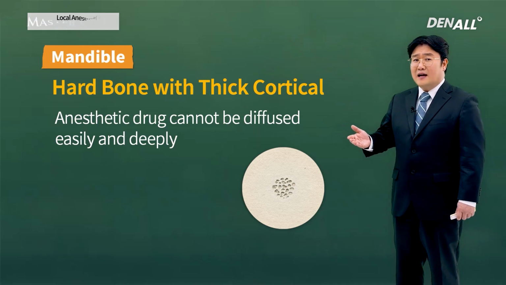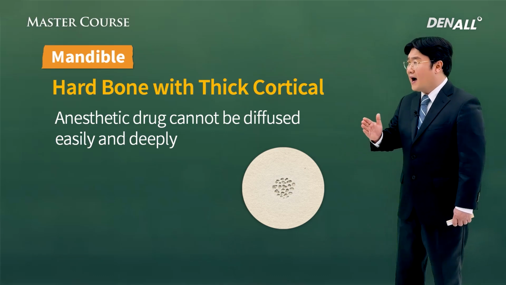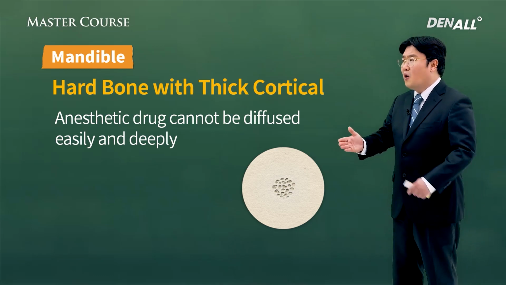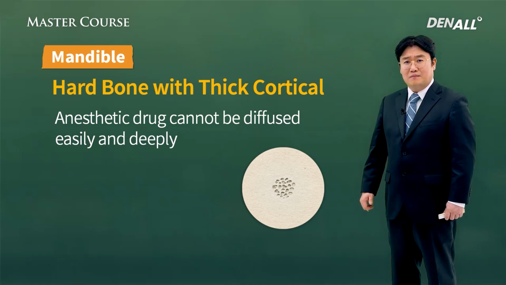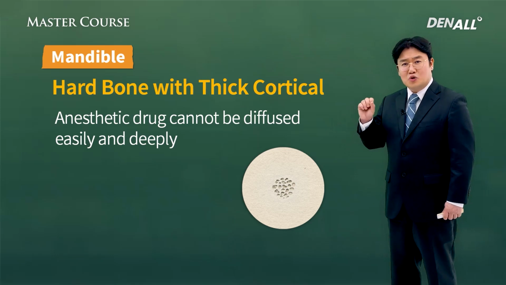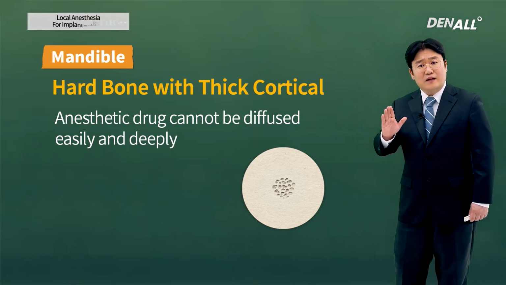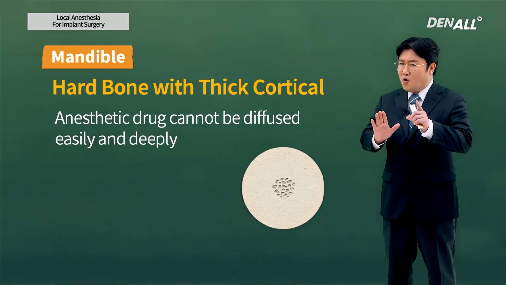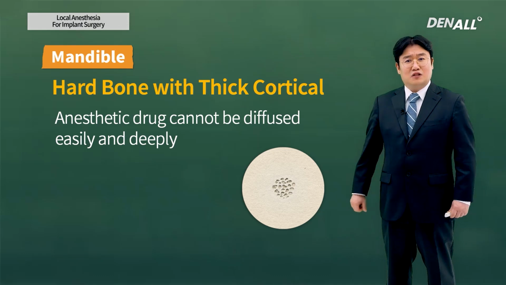Because of that, the anesthetic drug cannot be diffused easily or deeply compared to the maxilla. Because it's hard bone, the drug cannot be infused deeply. The infiltration anesthesia in the mandible can be a little bit more challenging than the maxilla, as you can guess.